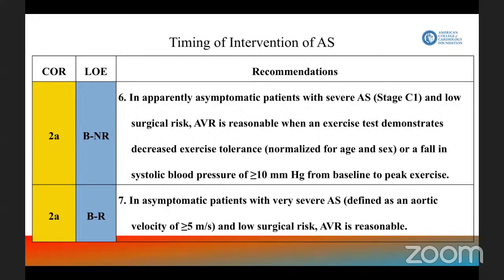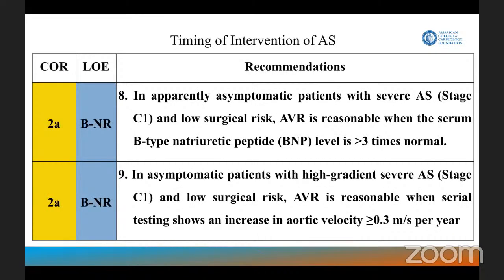For asymptomatic patients with very severe aortic stenosis, defined as we said, an aortic peak velocity equal to or more than 5 meters per second, and low surgical risk, then AVR is reasonable as a class 2A. For asymptomatic patients with severe aortic stenosis, stage C1 and low surgical risk, then AVR is reasonable when the serum BNP level is 3 times higher than the normal range, as a class 2A.